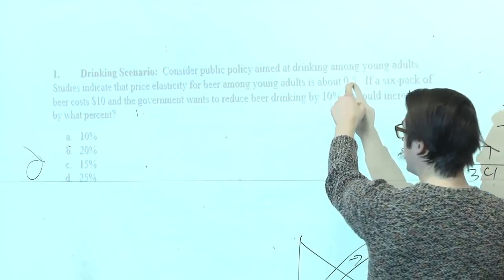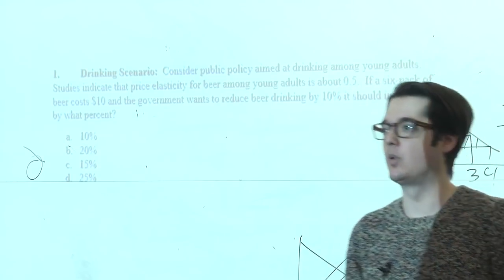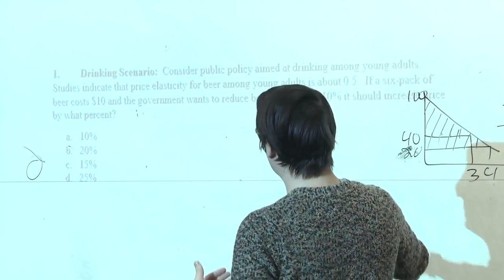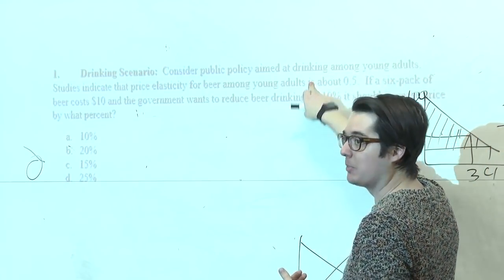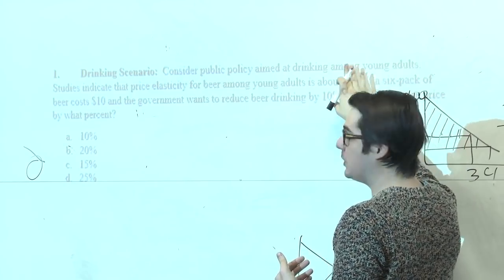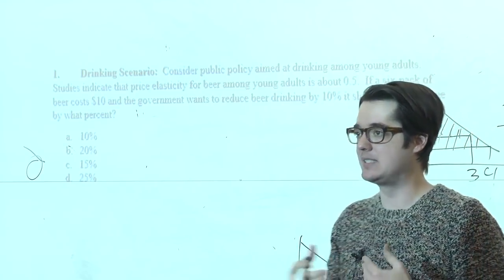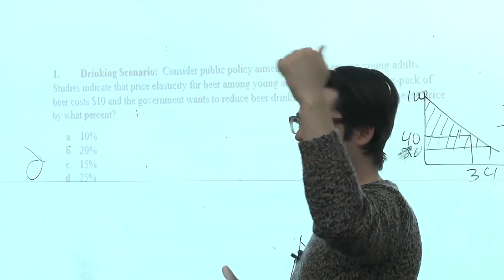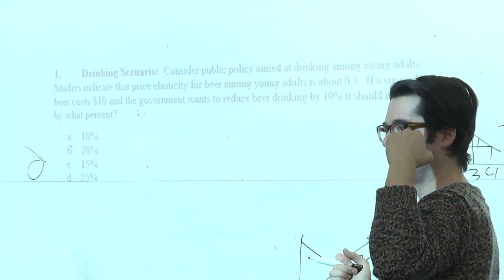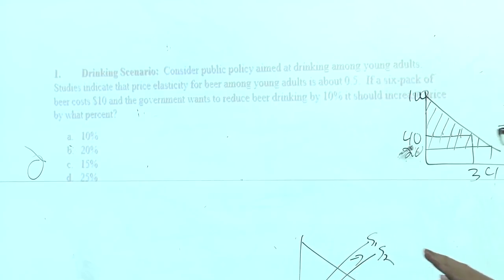But we don't want to decrease our quantity by 0.5%. We want to decrease it by 10%. So if increasing price by 1% decreases quantity by 0.5%, how do we decrease quantity by 10%? We have to increase price to 20. Does that make sense? You can say no. It's okay. Make sense?